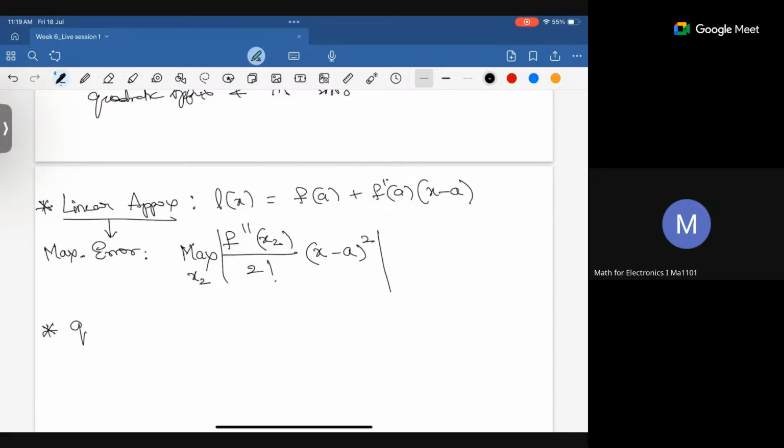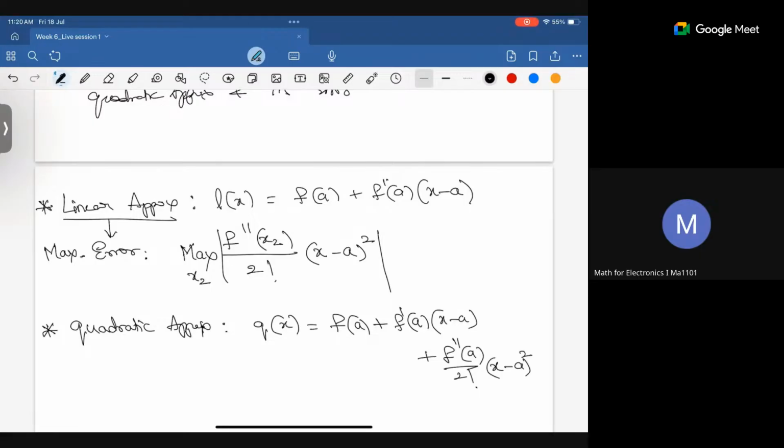For quadratic, which is denoted as Q of x, this will have three terms: the constant term, the linear term, and the quadratic term. And again, for the quadratic term, do not forget this 2 factorial.